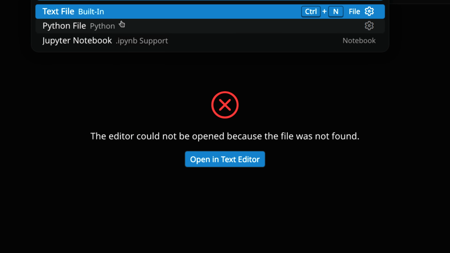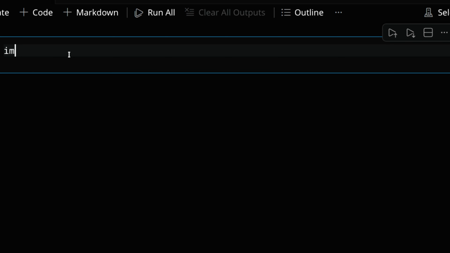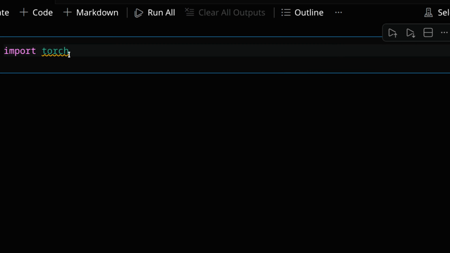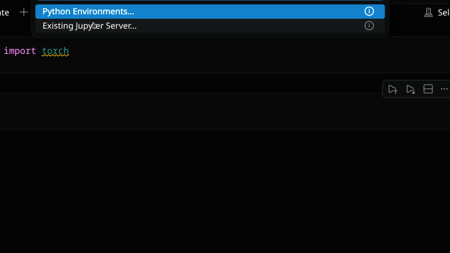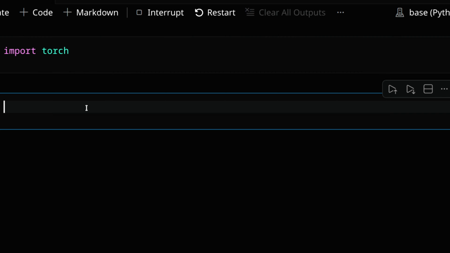So new file, Jupyter Notebook. All right, so import torch for PyTorch. Okay, use the base environment. So it's importing torch. That's done.